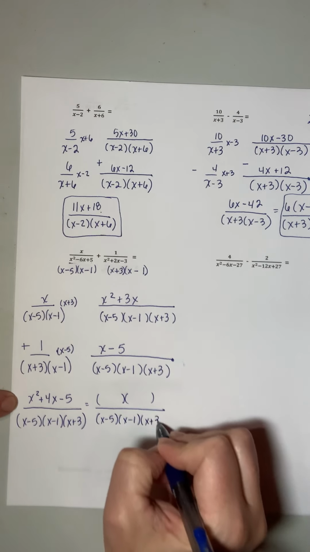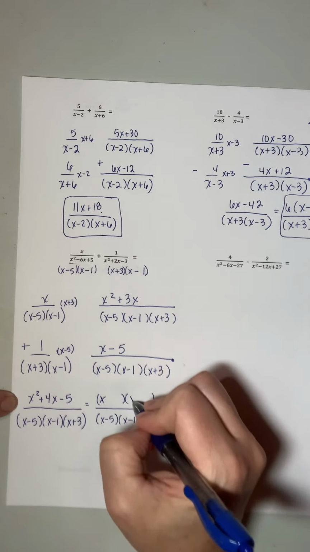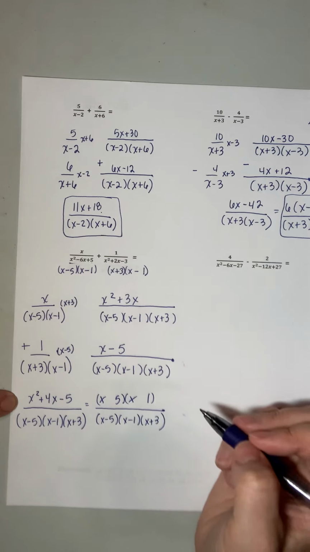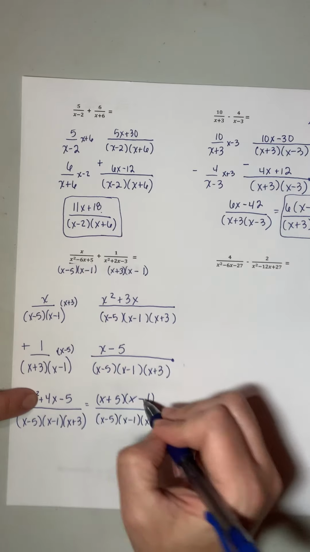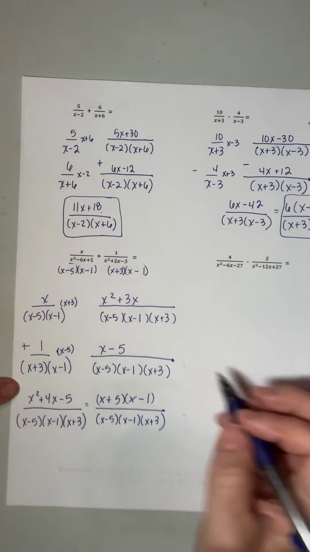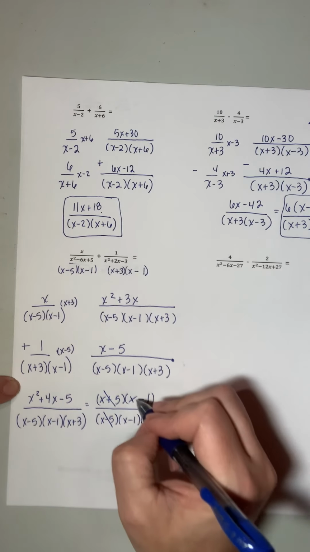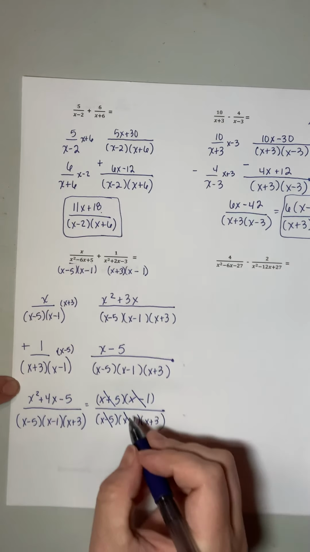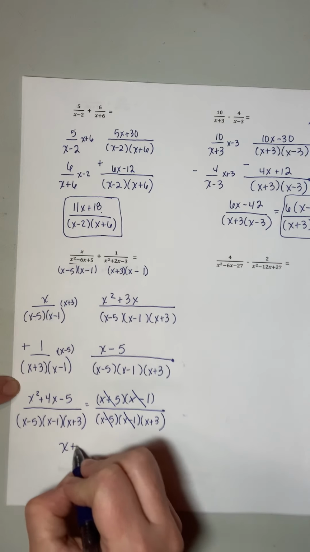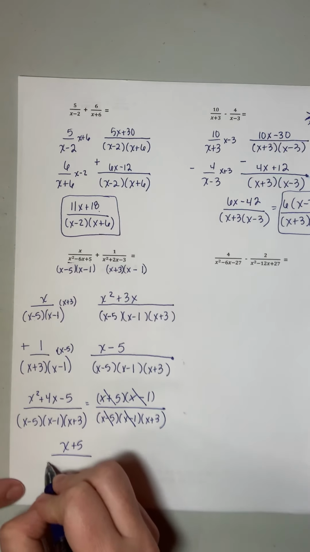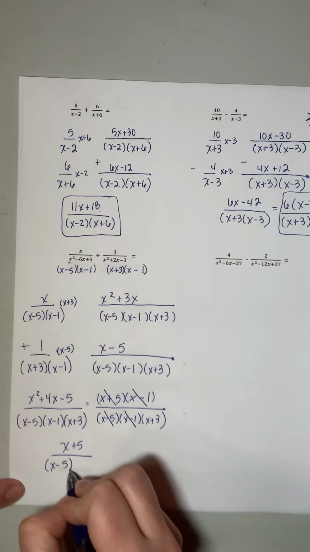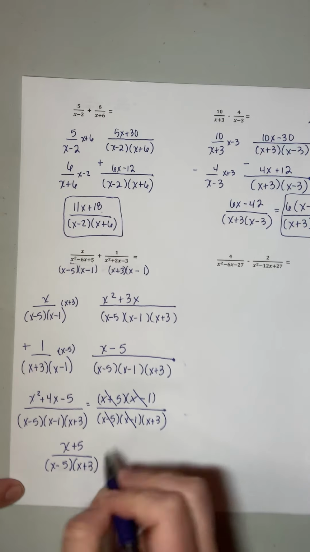I know these are long. I need 5 and 1 to get my 5. I need a +4. So one is positive, one is negative. And then they have the x. Oh, I'm sorry. Those are not in common. The x minus 1s are in common. So I have x plus 5 on the top, and then x minus 5, x plus 3 on the bottom.